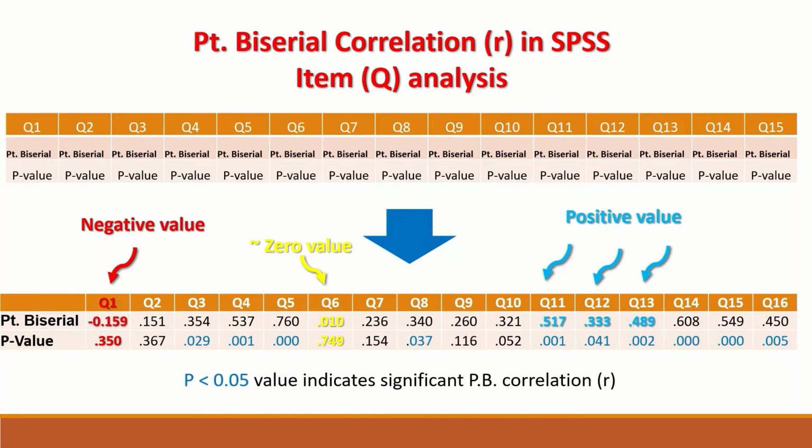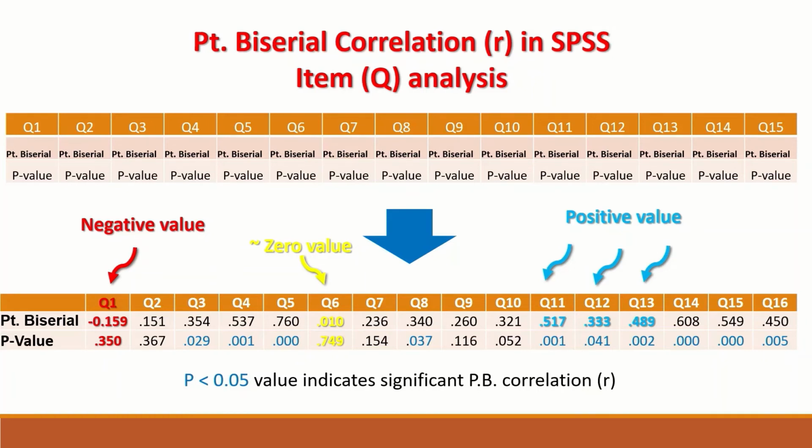If we look at question number 11, 12 and 13, we can see that the R value is very high, 0.51 for question number 11, and the p-value is less than 0.05. So this question number 11 is a very good question in discriminating between students, categorized as a very good question.